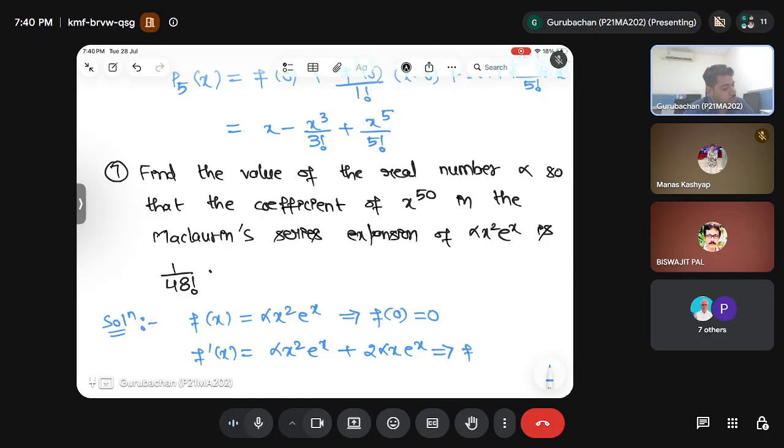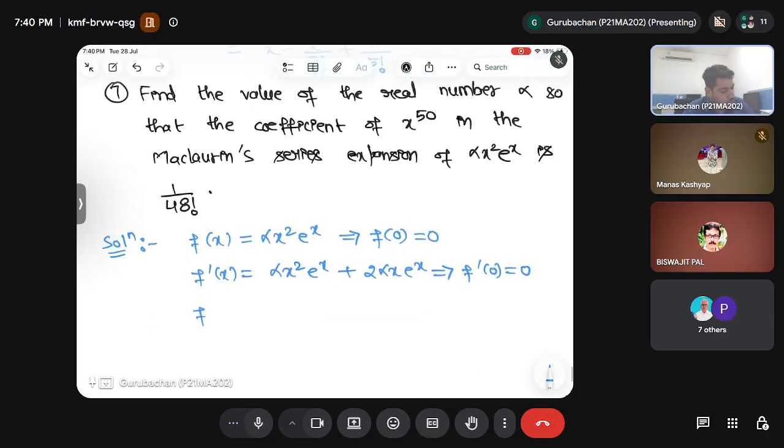Again f'(0) will be 0. f''(x) is alpha x square e to the power x plus 4 times alpha x e to the power x plus 2 times alpha e to the power x. Now what will be f''(0)?